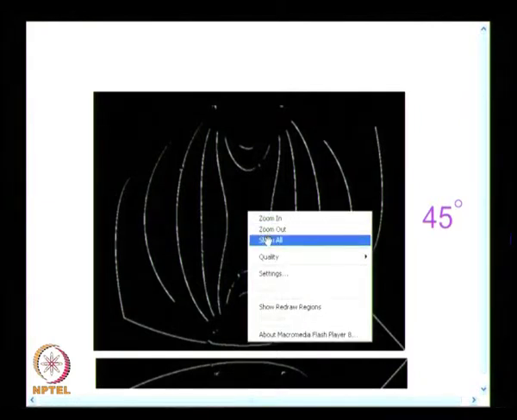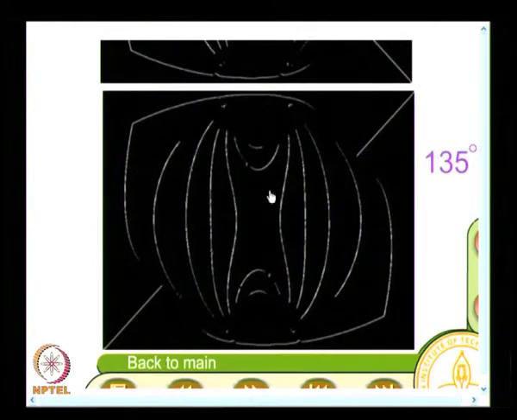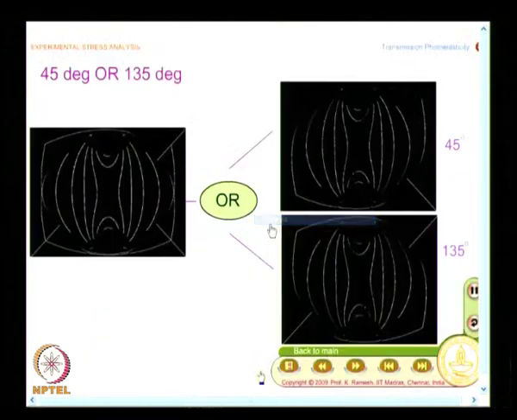If I look at the other scan, 135 degrees, it complements. Where I got information in the 45 degree scan, I do not get information in the 135 degree scan, but I get what is the information missing in the other scan. So, I do orthogonal scans, I am able to get complementary data from each of these and do a logical OR operation. When I do a logical OR operation, I get this.